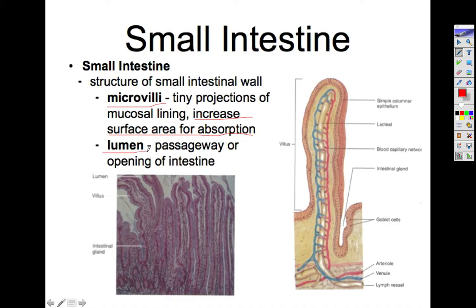This is where food actually travels. But you'll notice that you have arteries and veins flowing in here. This is where your absorption takes place. It goes directly to those blood vessels. And this is a single layer of simple, I believe, simple columnar cells, which have microvilli, and that's what absorbs those nutrients.